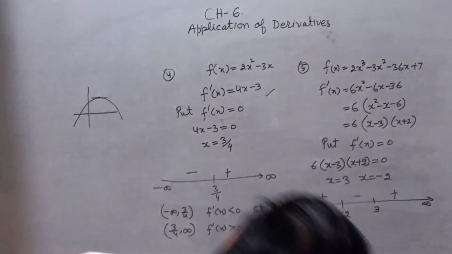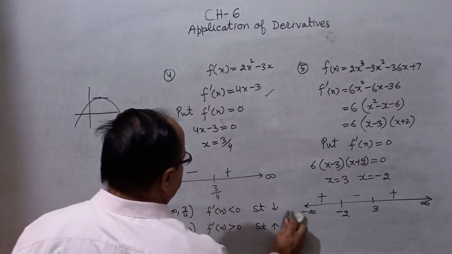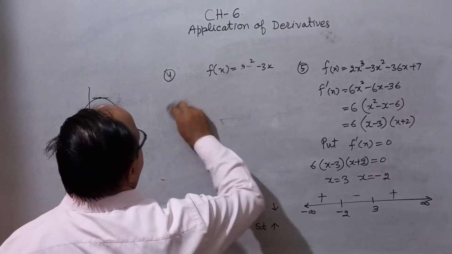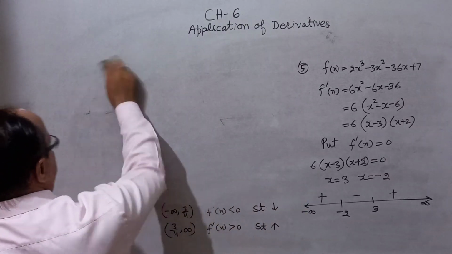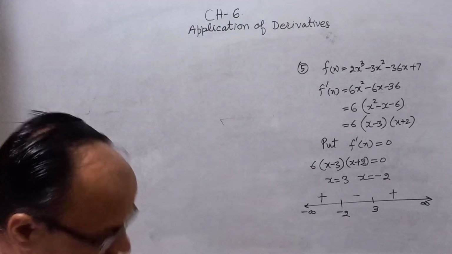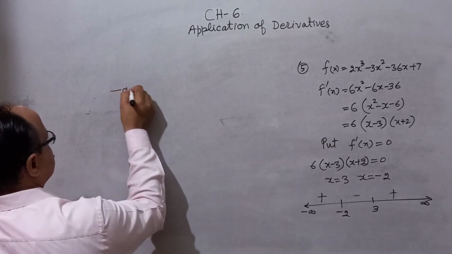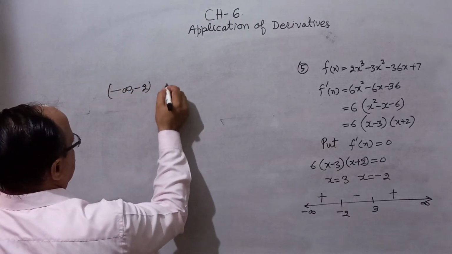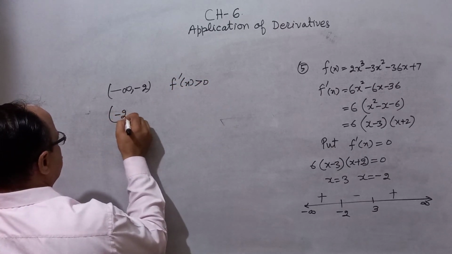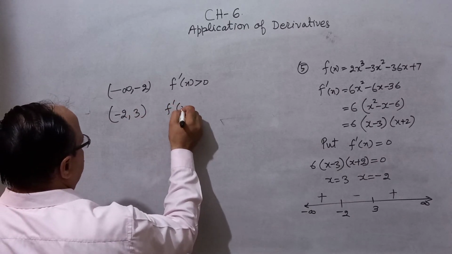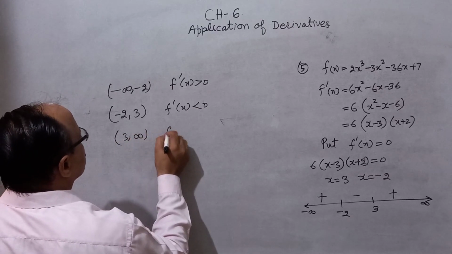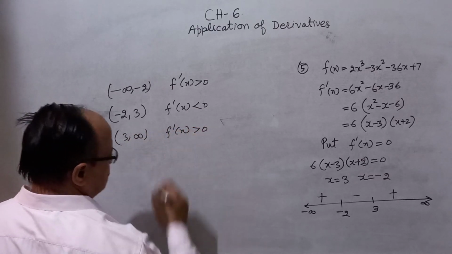Alternatively, you can put the sign. In the interval minus infinity to minus 2, f dash x is greater than 0, in minus 2 to 3, f dash x is less than 0, and in 3 to infinity, f dash x is greater than 0.